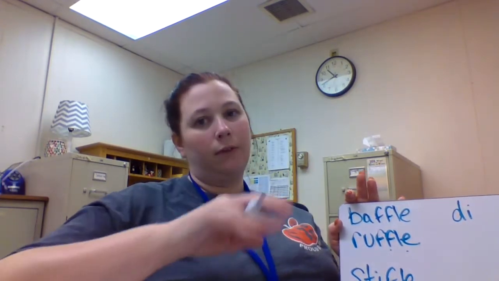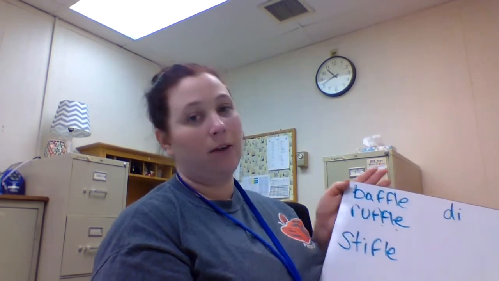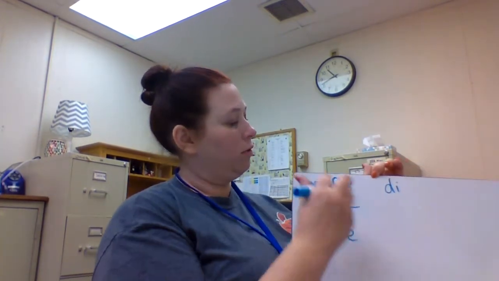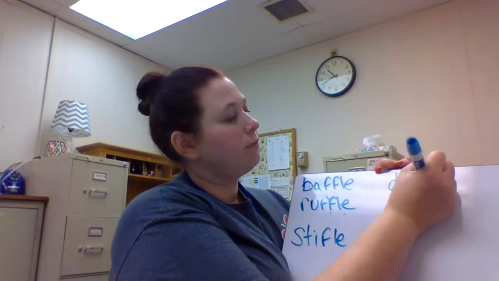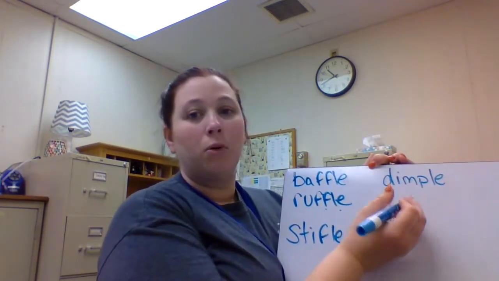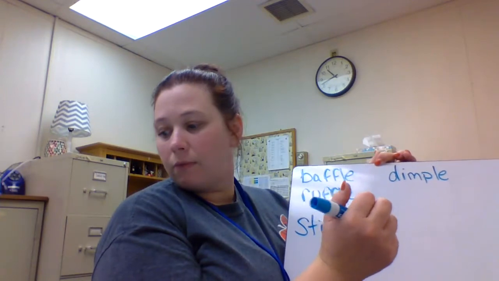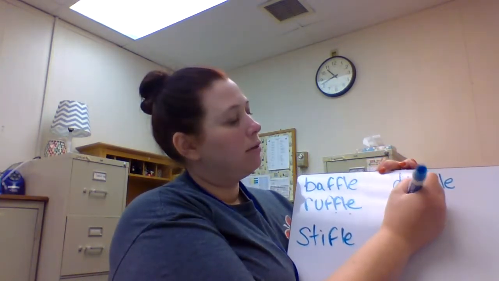All right. We're going to move on to another set. We first started learning about this final stable syllable at the end with BLE yesterday. Well, today, since we've already learned about that sound, we're going to learn 3 different final syllables like that. We have F-L-E. Now let's look at this one. Dimple. You say dimple. Apple.